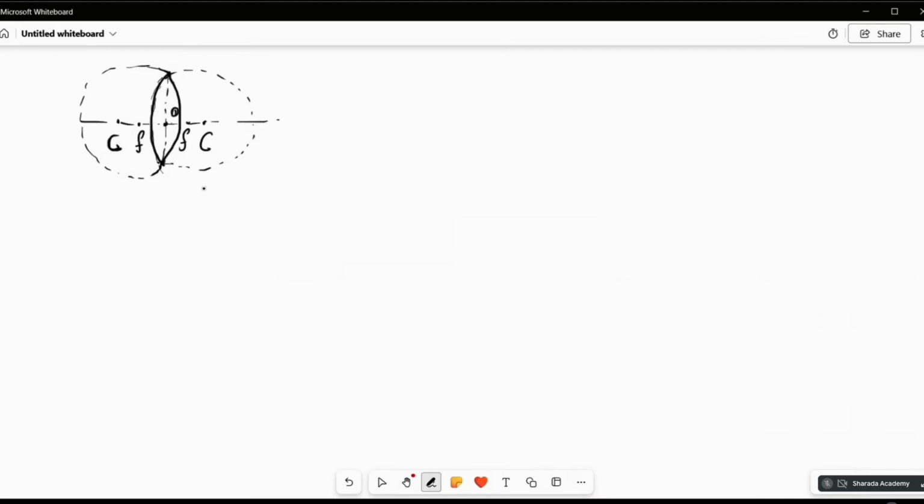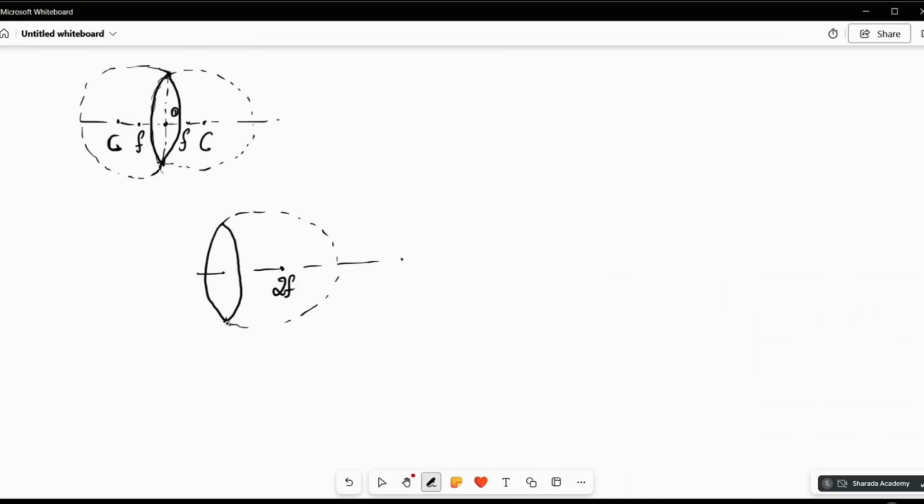Again I repeat, bulged on both the sides, this is a convex lens. For this part of the lens, we have some center of curvature, and instead of C, we call it 2F.